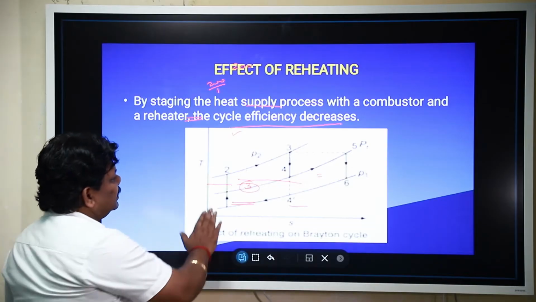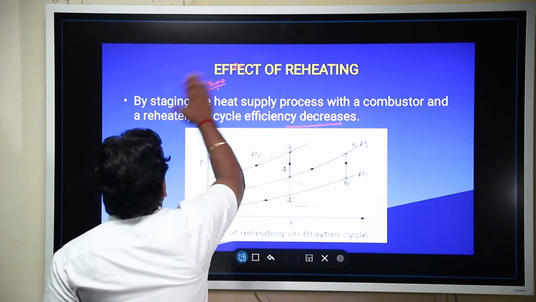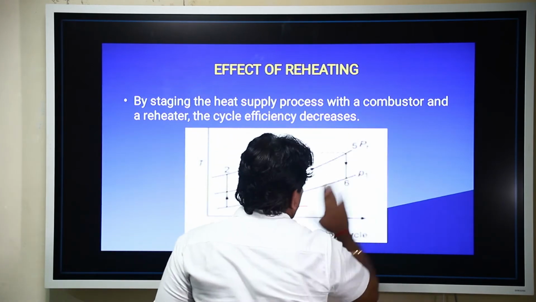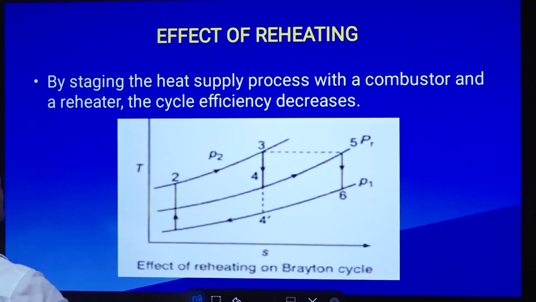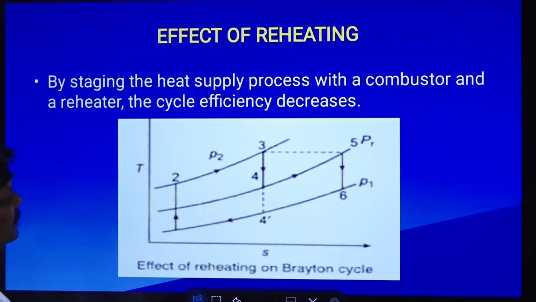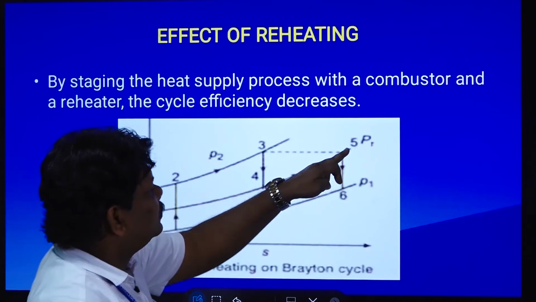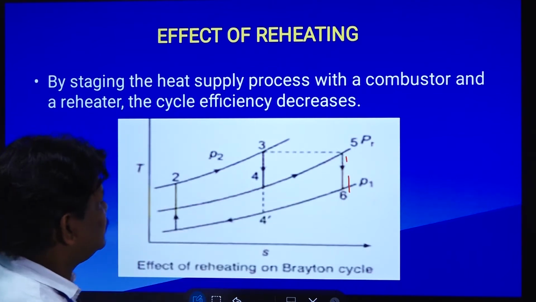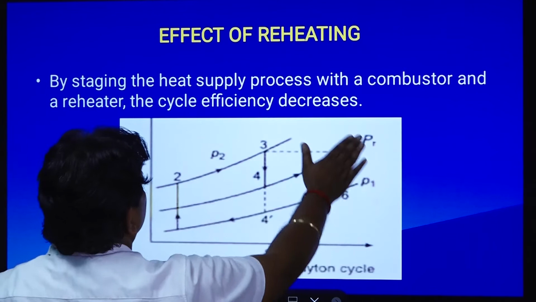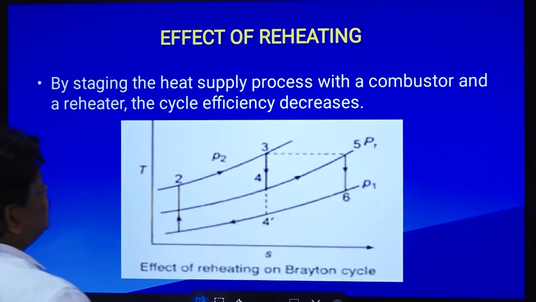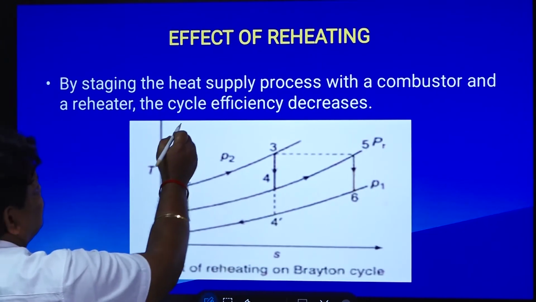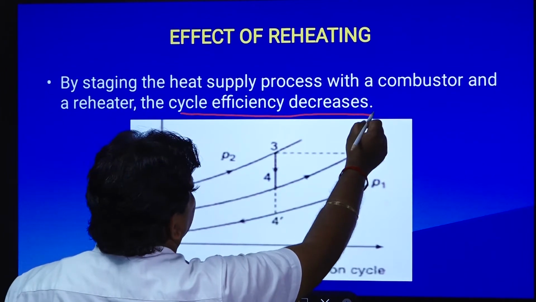The next is the effect of reheating. By staging the heat supply process, you can see 1 to 2, 2 to 3, 3 to 4, 4 to 5, and 5 to 6. By staging the heat supply process with a combustor and a reheater, the cycle efficiency decreases.